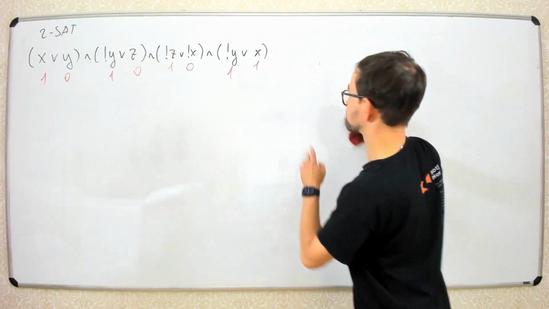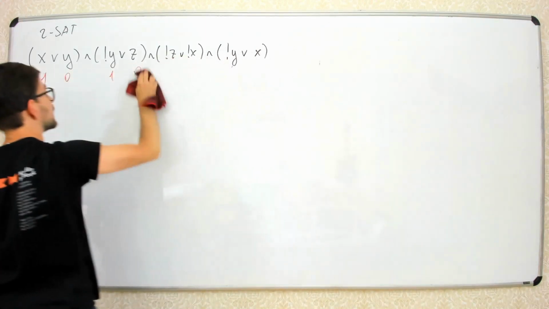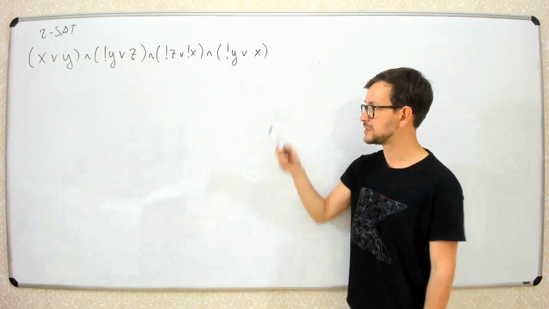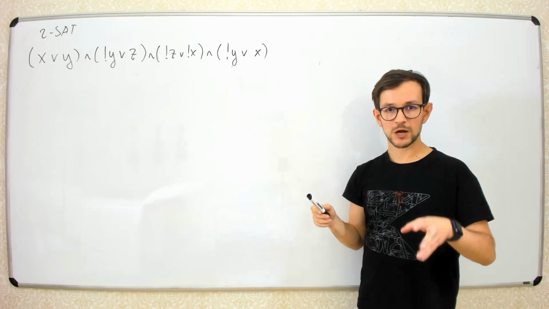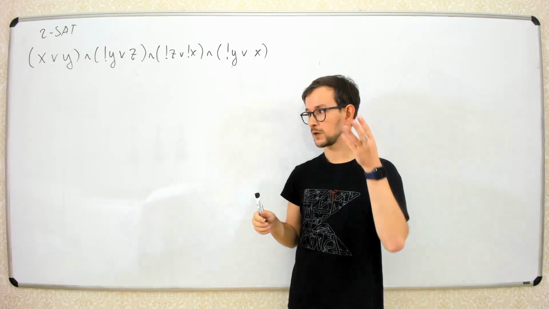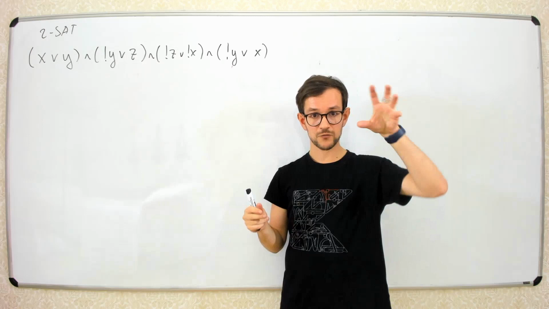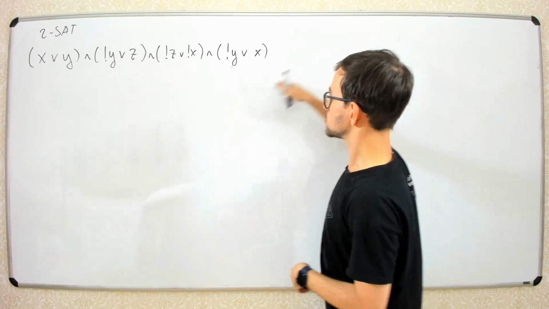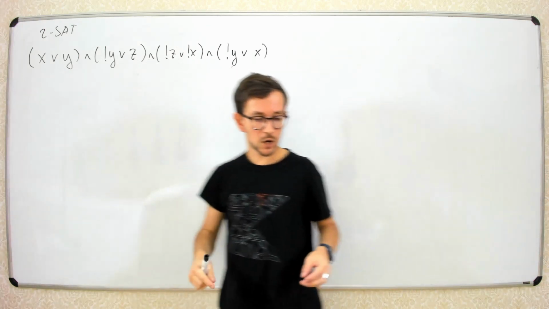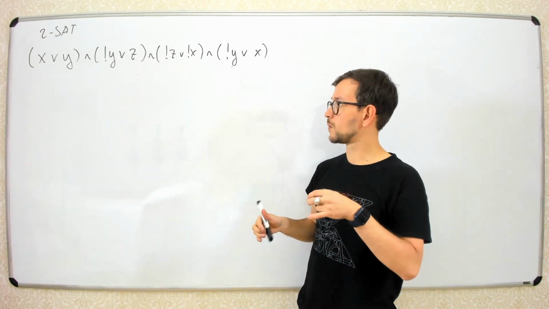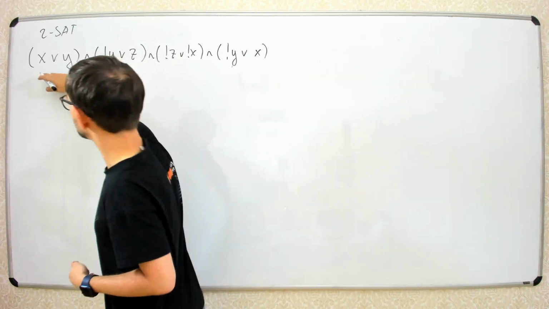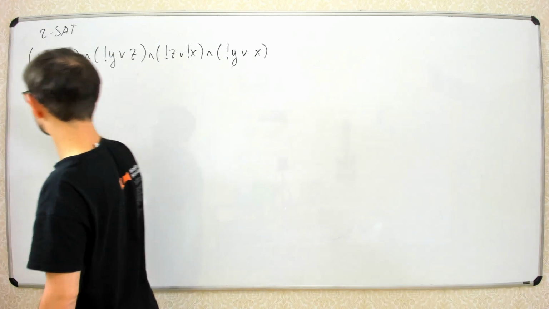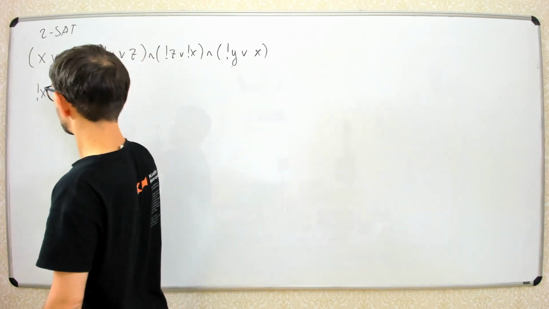Okay, let's go to the algorithm. The algorithm will actually do the same thing we did manually. So we will try to find all the implications from some variables to other variables. For example, let's look at this first clause. In this first clause, if we have not x, then we have y.